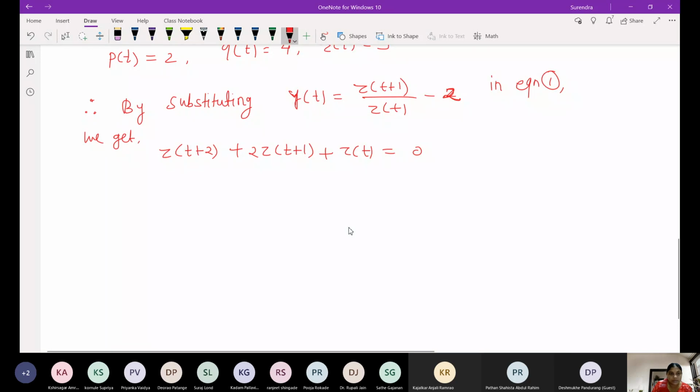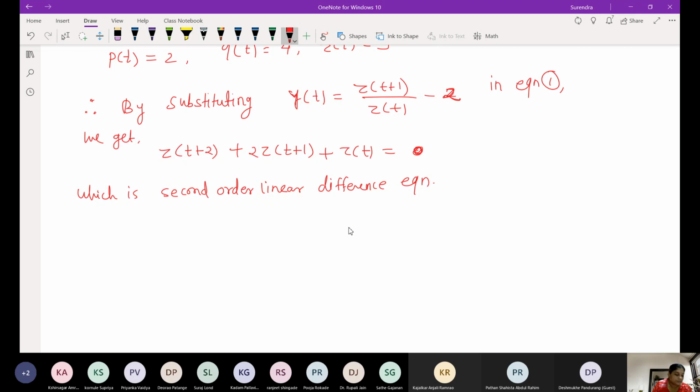So this is now a second order linear difference equation, which is homogeneous also, right? Homogeneous. Right hand side is 0.